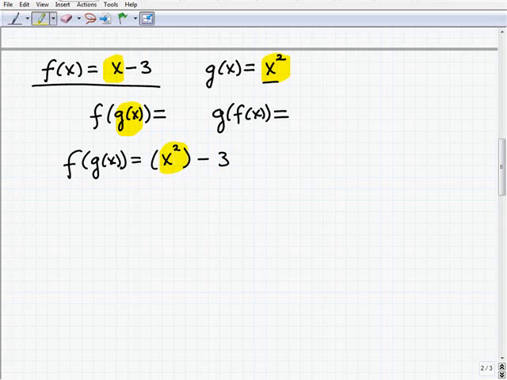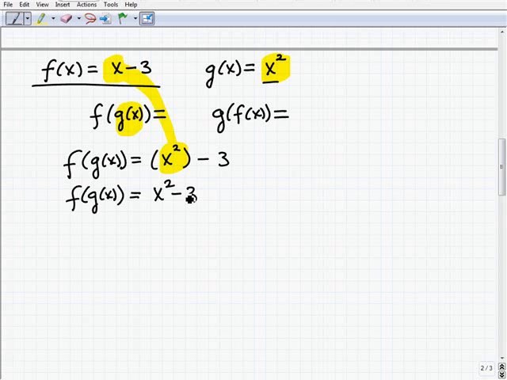That's the g function, and I plugged it in for that x. Now we just go ahead and simplify. Like I said, some of these are very easy. So f of g of x is simply x squared minus 3. Let's go ahead and do g of f of x.